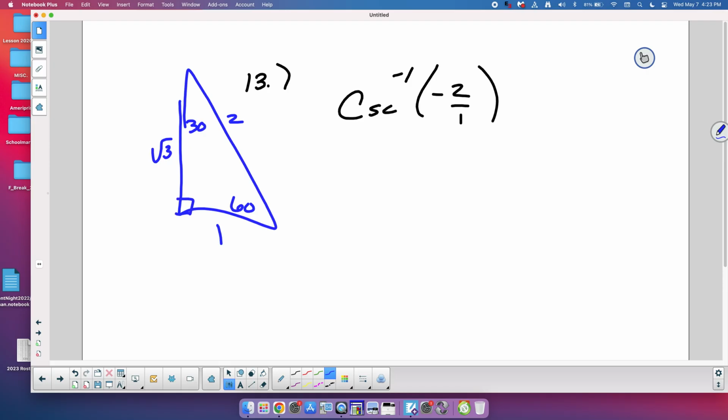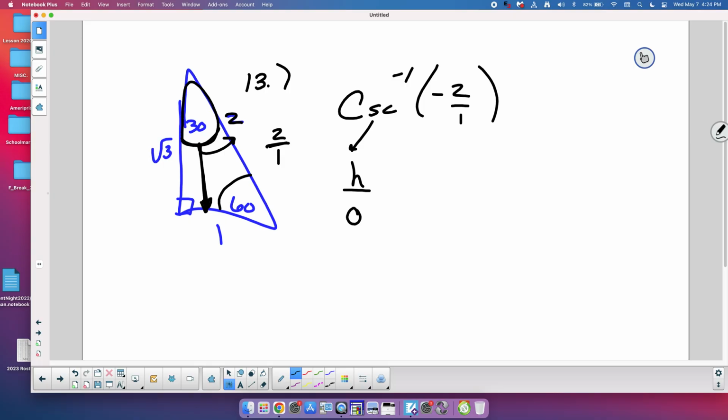Cosecant in a triangle will be hypotenuse over opposite, because it's reciprocal to sine. Okay, so try what? Is it the 60? Is it the 30? Well, hypotenuse is 2, so that's 2 over opposite. So I want it to be 2 over 1, so I think I'm going to go right there. Try the 30. Hypotenuse is 2 over the opposite is 1. It is 2 over 1. So the answer is 30.